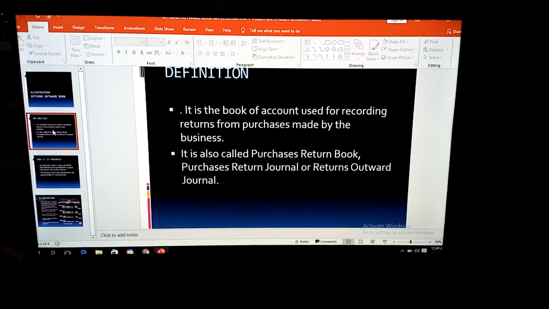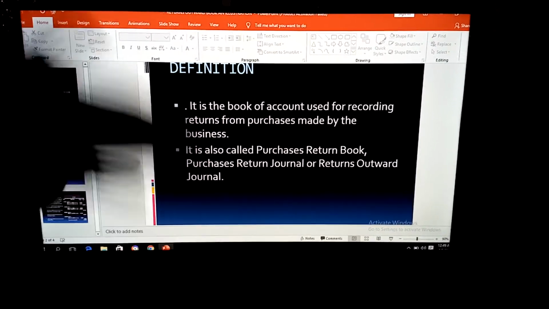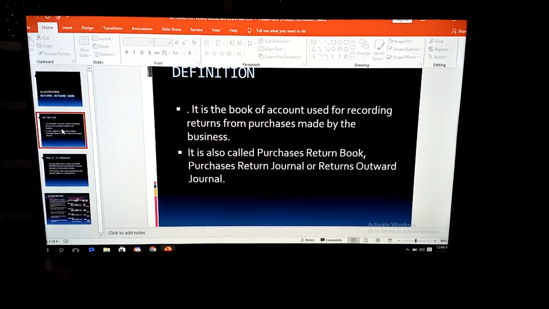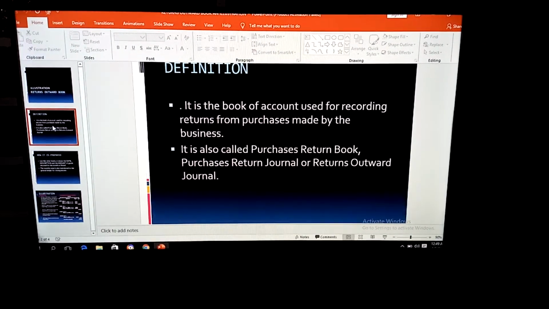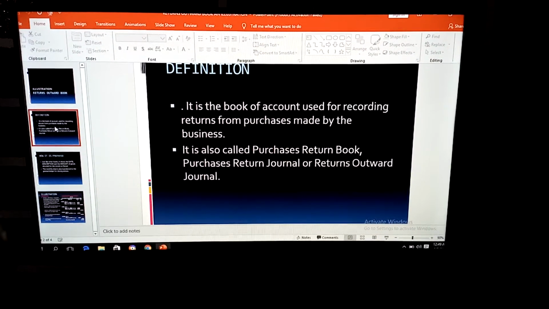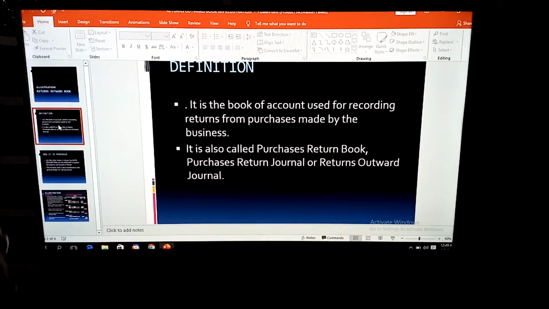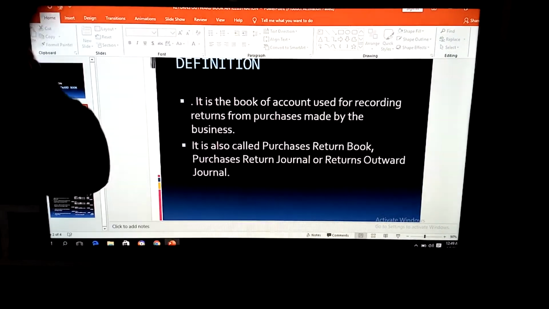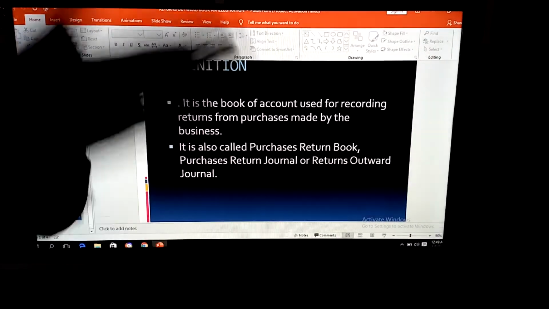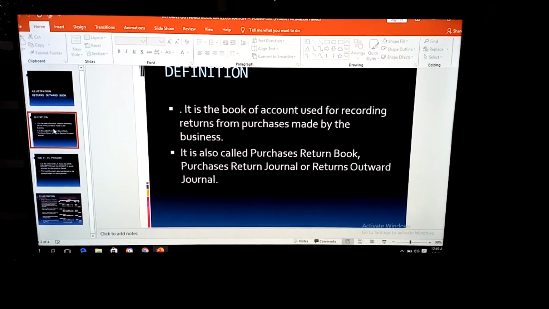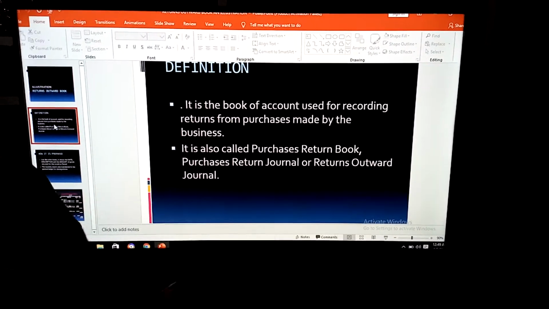The book that is used to record such a return is called the returns outward book. It can also be referred to as the purchases returns book, or the purchases returns journal, or the returns outward journal.